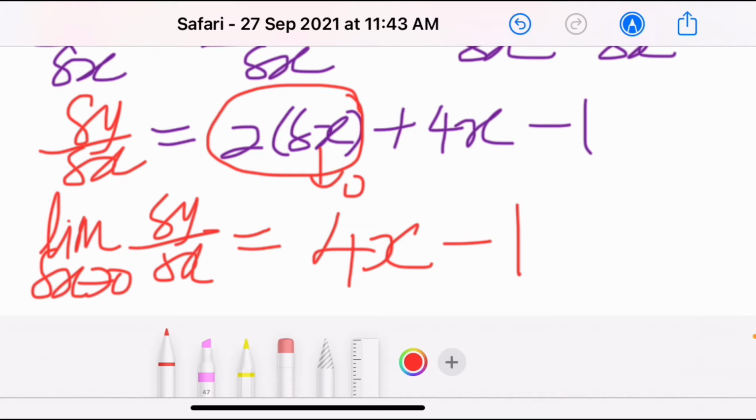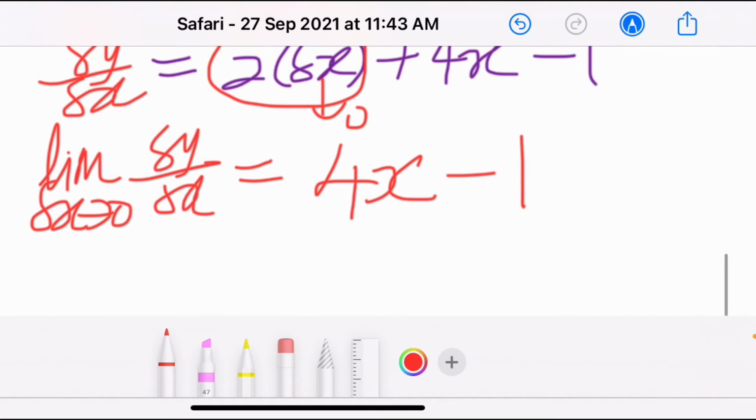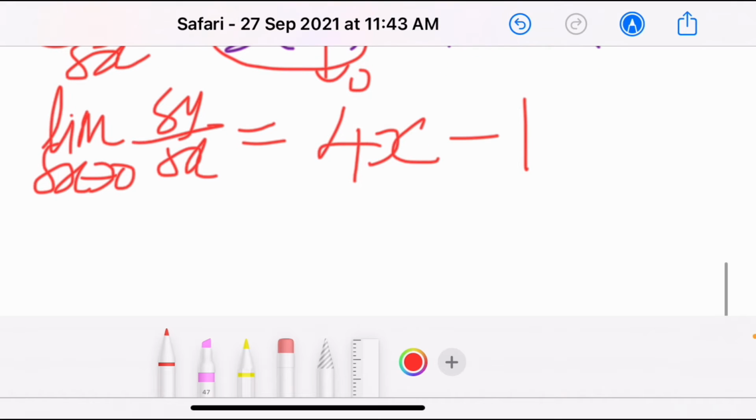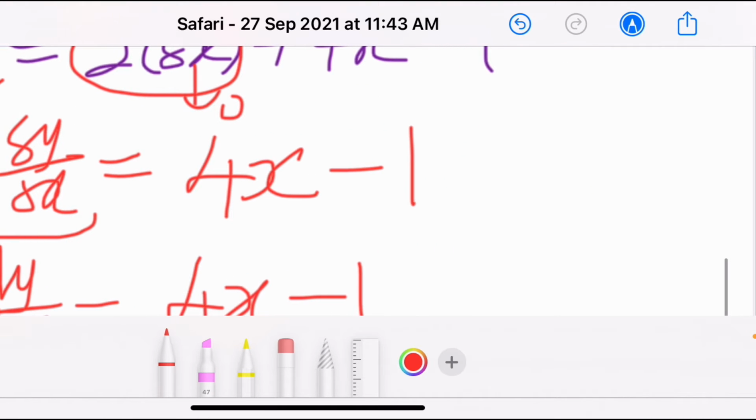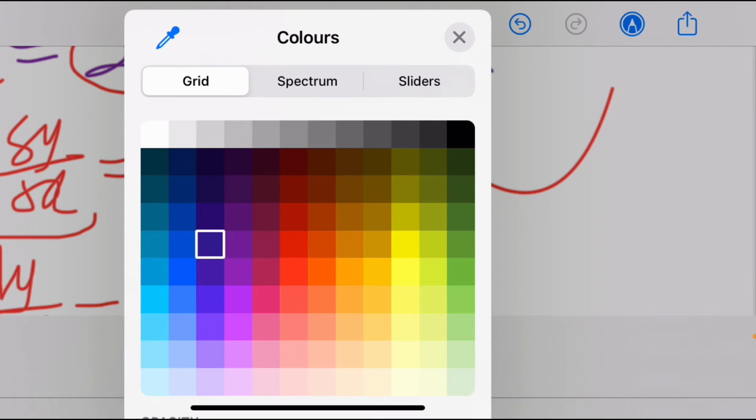So that is the so-called first principle. When we reach here, this is dy/dx, because dy/dx is defined as delta y over delta x, the small change in y over the small change in x when delta x approaches 0. Still remember, we have a curve like this, and then we have a triangle.